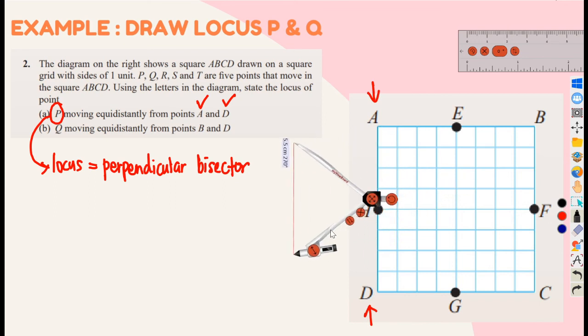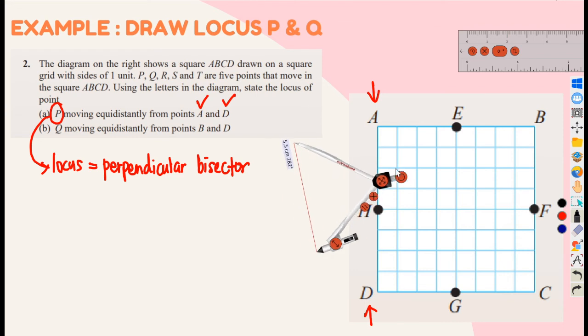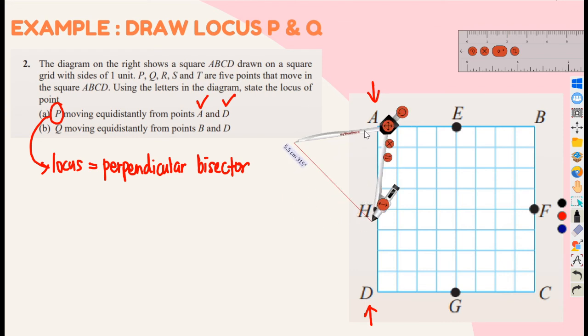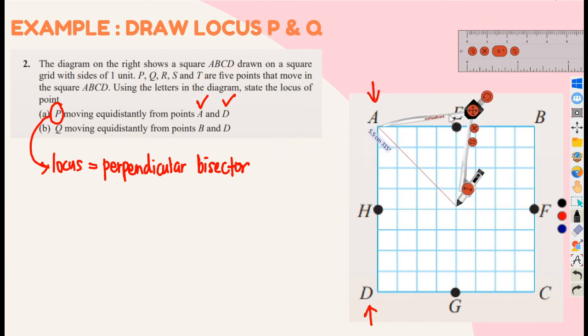Okay, so you need to draw a small arc here. So here, this is point E, and then you draw an arc.